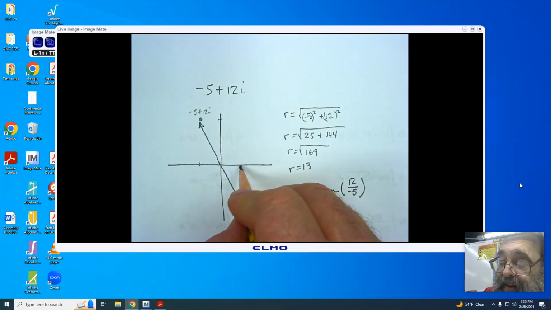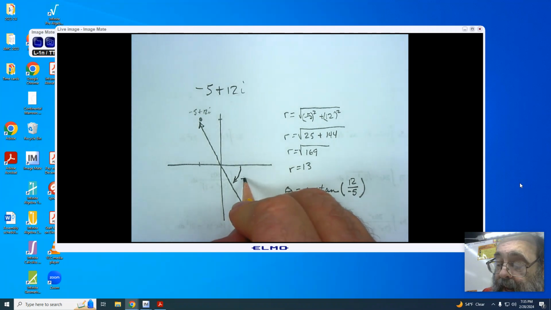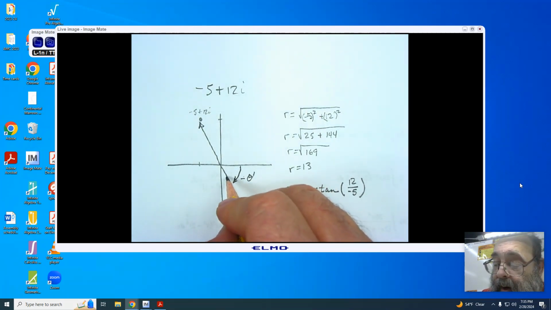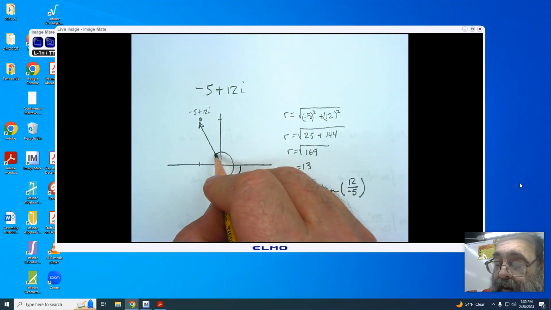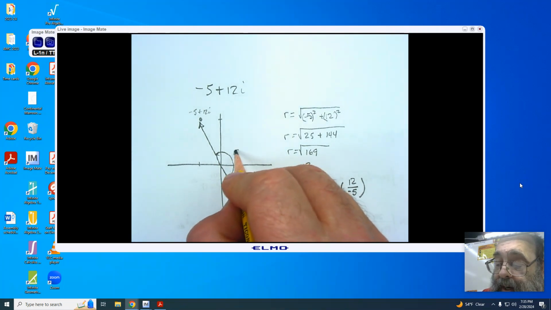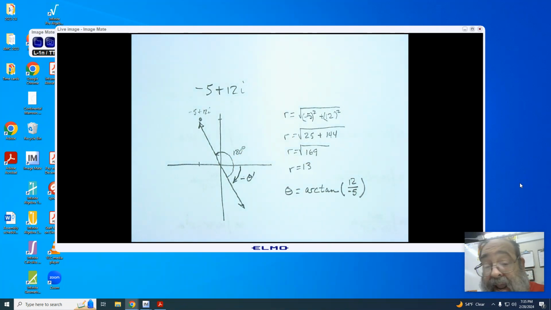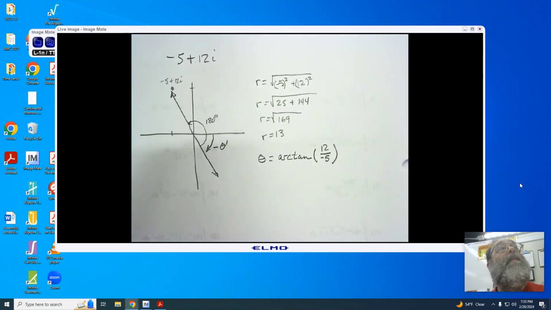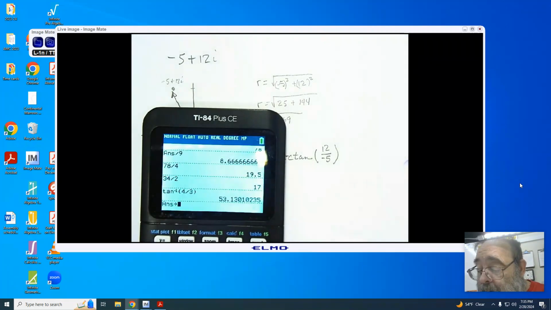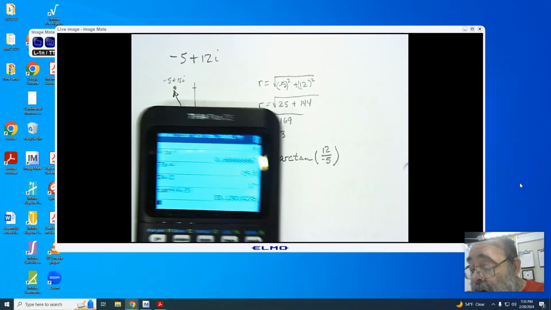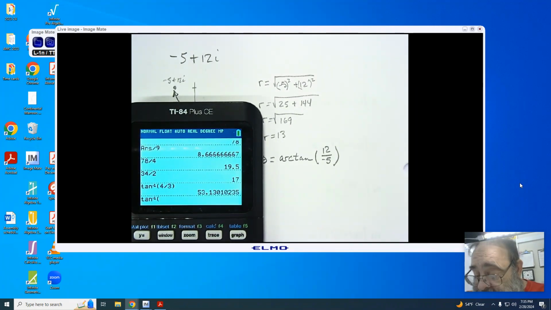So it's going to give us this value here, negative theta prime, and we find our actual theta by adding 180 degrees to it, since I am in degree mode. So here we go. We put in arctangent, second function tangent, of negative 12 divided by 5. Enter.